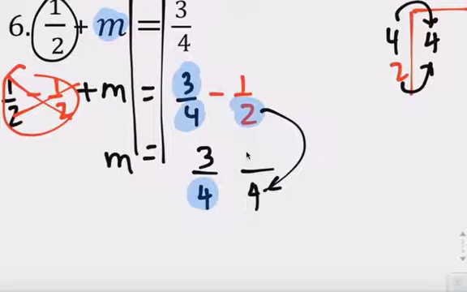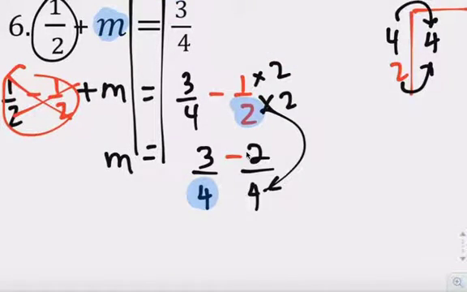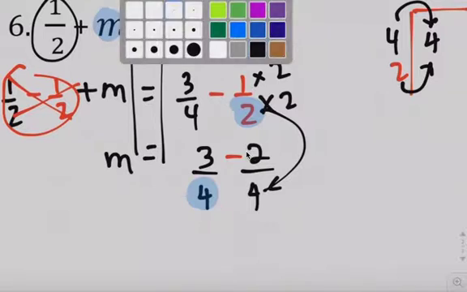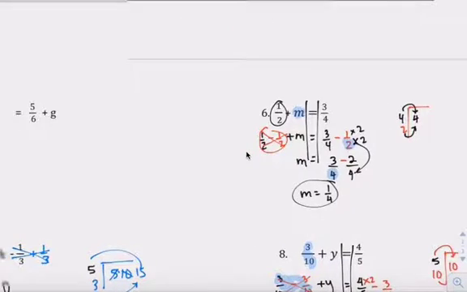These two are different. 2 times what makes 4? 2 times 2. Times 2 in the numerator, you get a new number 2. Minus 3 minus 2 is 1. That's your answer there.